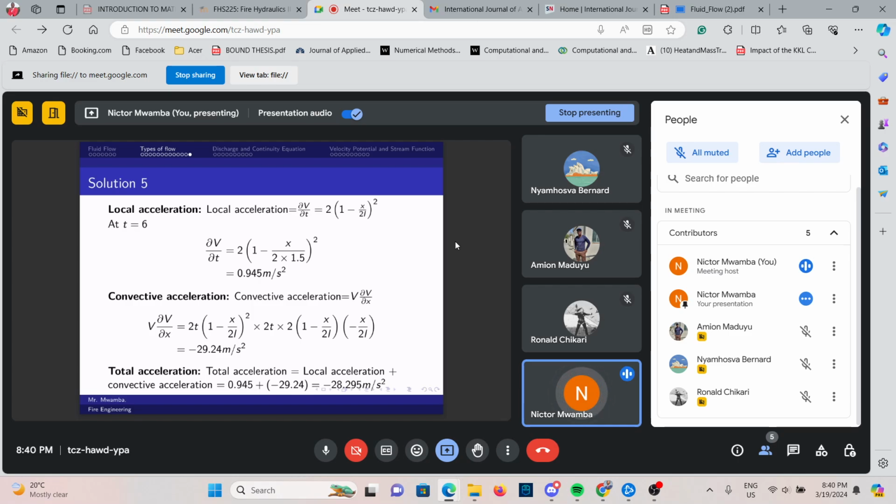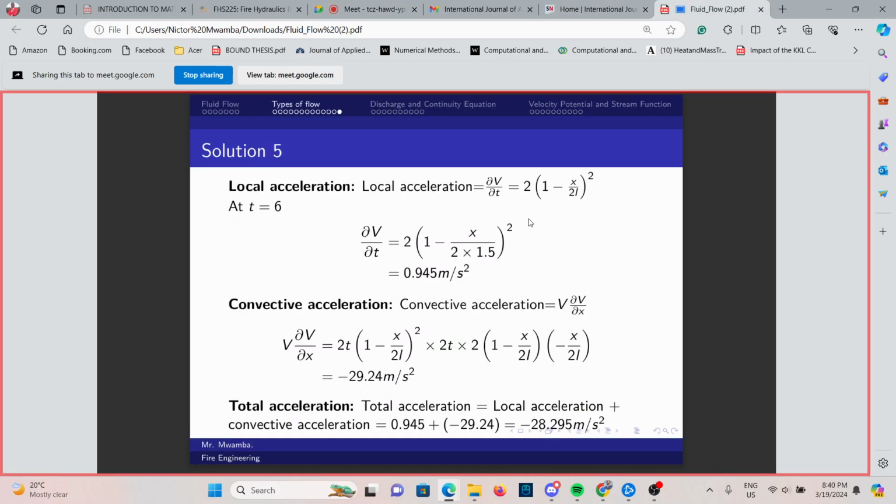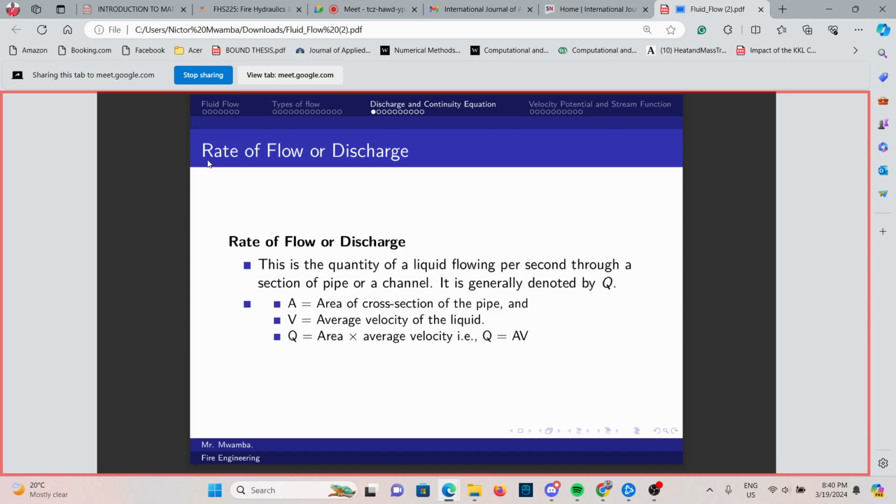So in the next class, we are going to discuss the rate of flow or discharge as the fluid flows through a pipe. We can talk about water in a hose pipe as it flows and as it comes out of the nozzle.